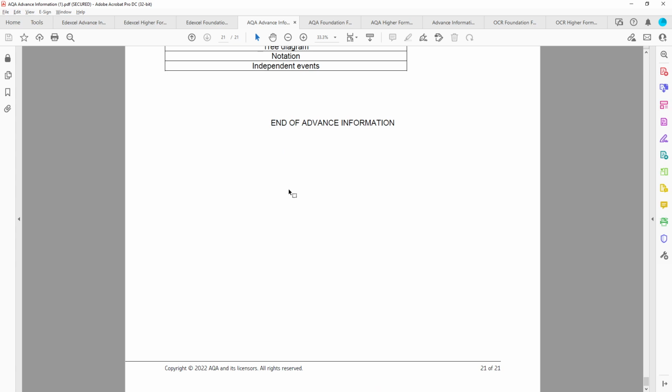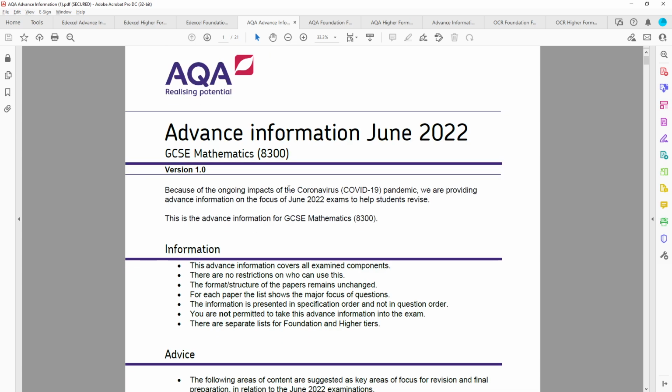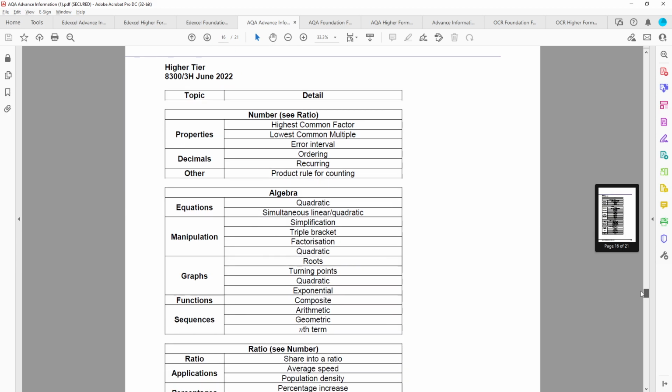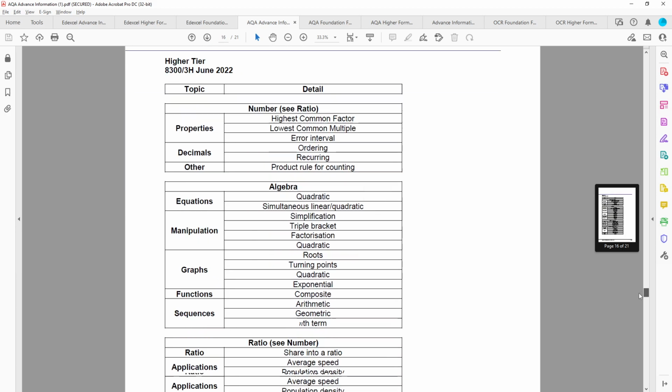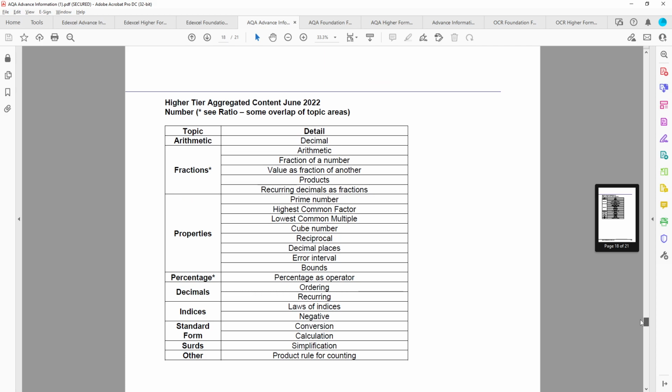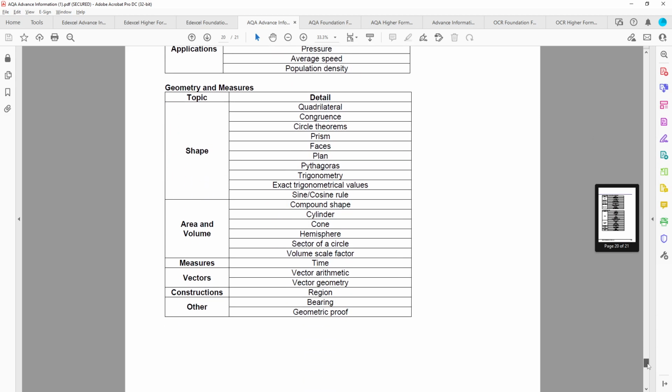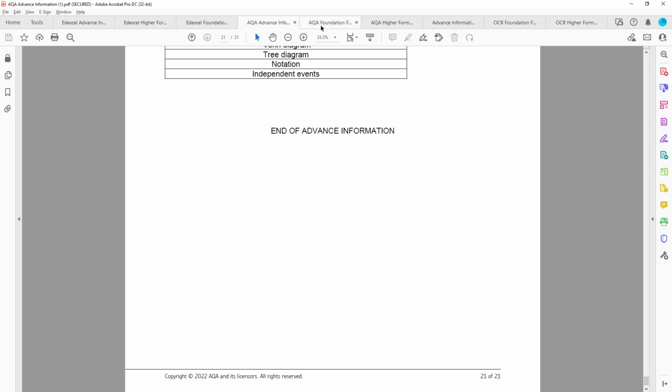And so you've got exactly the same thing with AQA. You've got just the individual papers, and then you've got, I think they've collated them, but I'm not sure. Yeah, aggregated content they call it. So aggregated content, you've got all of that towards the end. So you just know what to revise then.